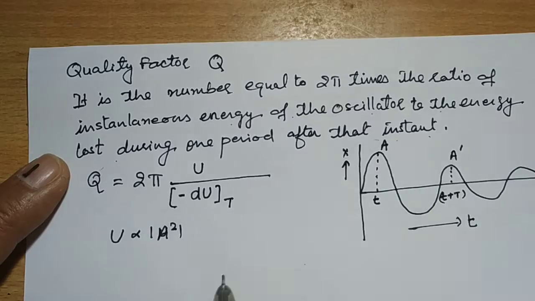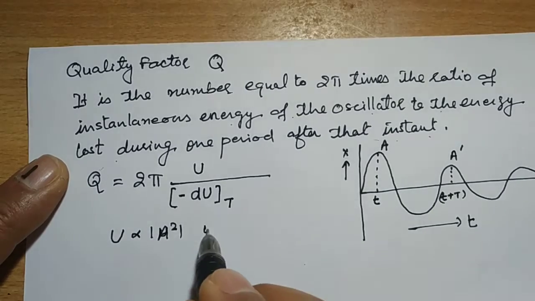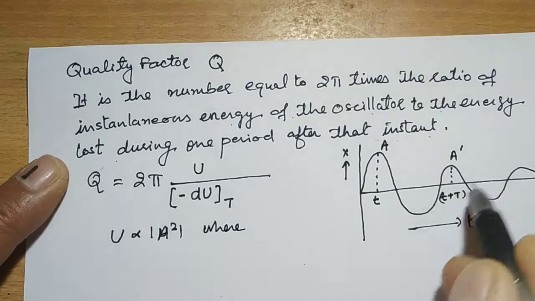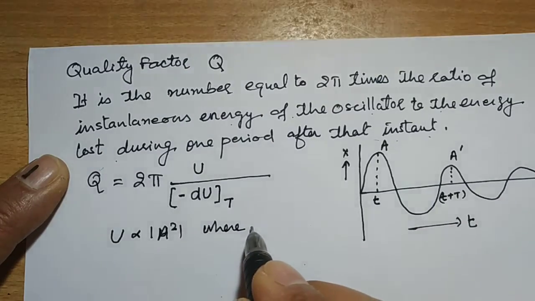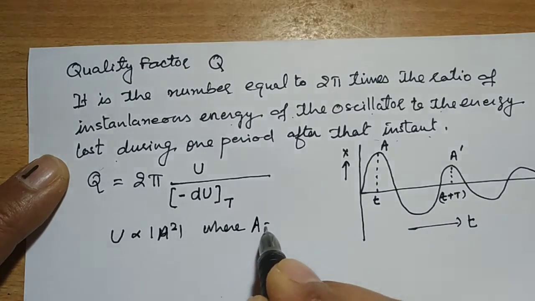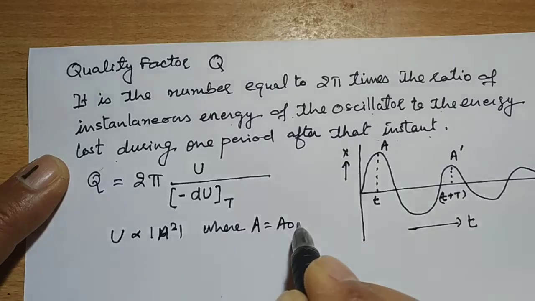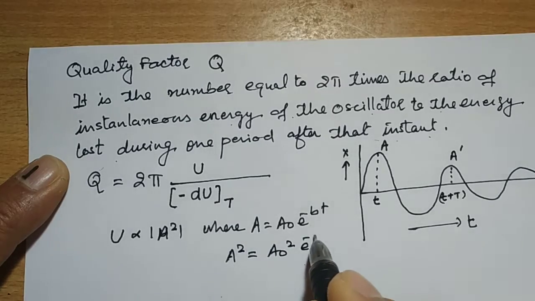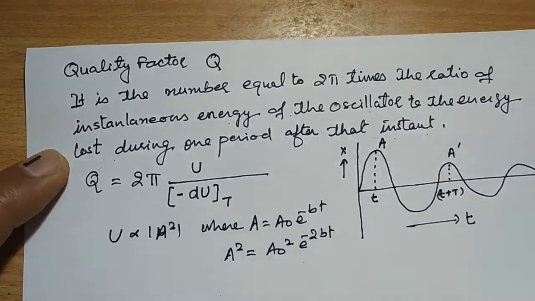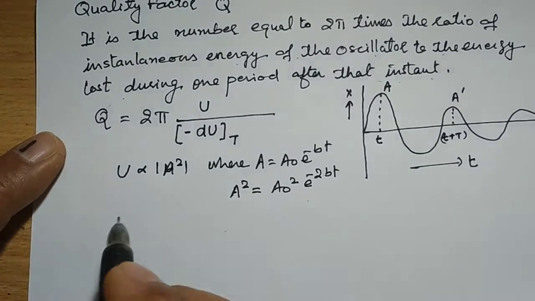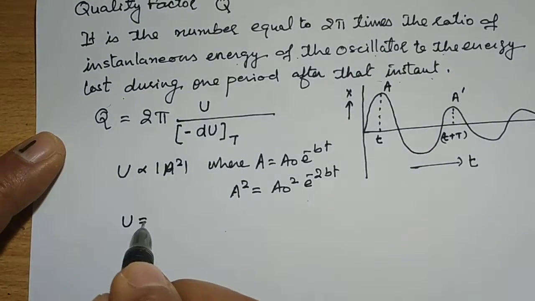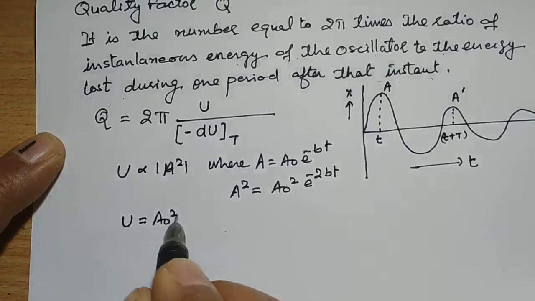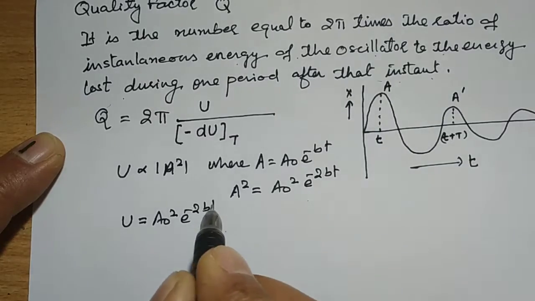The amplitude of an underdamped oscillator A is given by A naught e to the power minus bt. It means A squared will be A naught squared e to the power minus 2bt. Using this, the energy U will be equal to A naught squared e to the power minus 2bt.